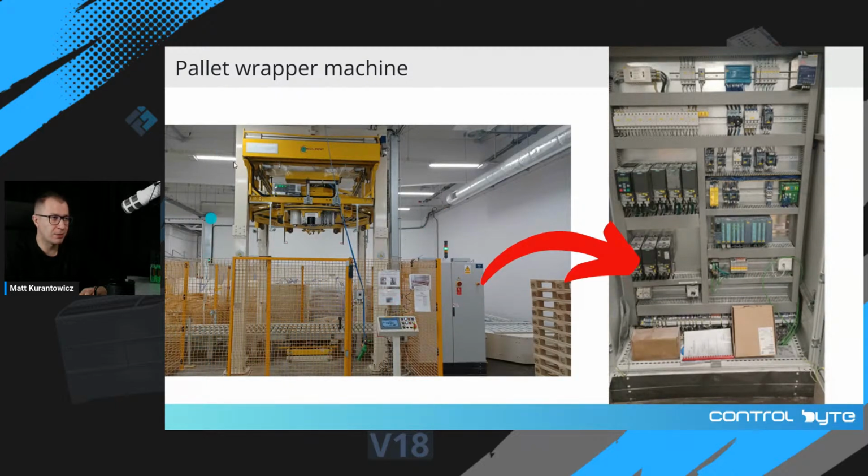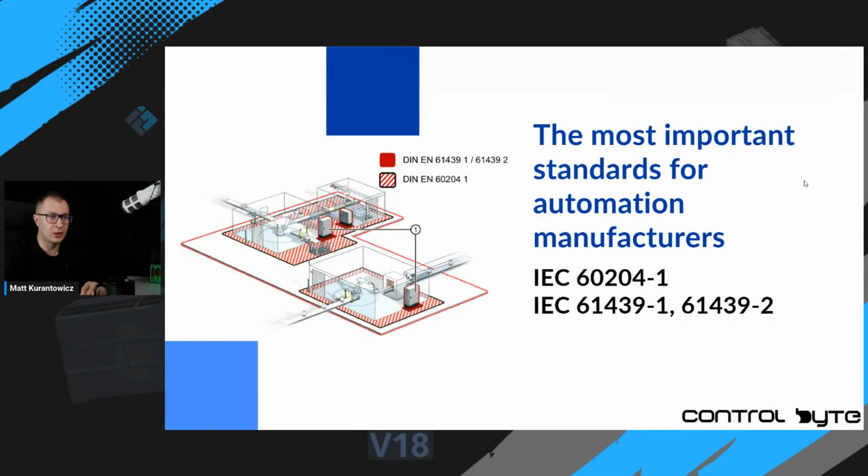the pallet wrapper, to the machine, there is a control cabinet. Inside the control cabinet, you will find a lot of devices like programmable logic controller, relays, protections, inverters, servo drives, and many more devices. You need to know all of them if you want to be an industrial automation engineer and start working in the branch.